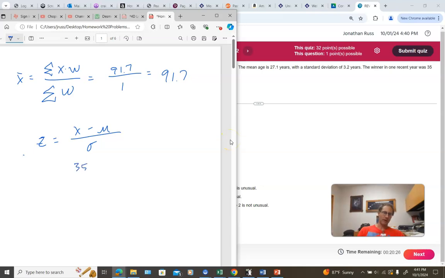So 35 minus the mean, which is 27.1, divided by the standard deviation, which is 3.2. This will give us the z-score. Remember, this is the distance from the mean that particular data value is in standard deviations.